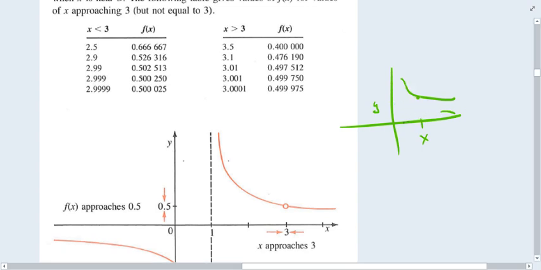What we do is we look at all of the other x values leading up to it, and all of the other y values leading up to it, but we don't look at the actual x and y. It's not in the picture. We don't even consider that x. We look at what happens around it. You see that? And so we can come to the conclusion that it would be the value for this function if it was defined. Make sense?